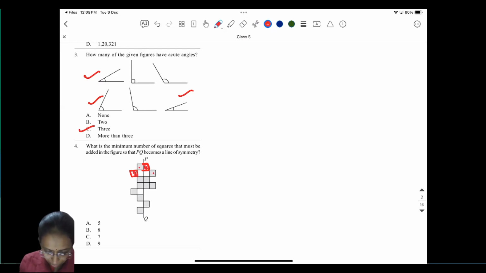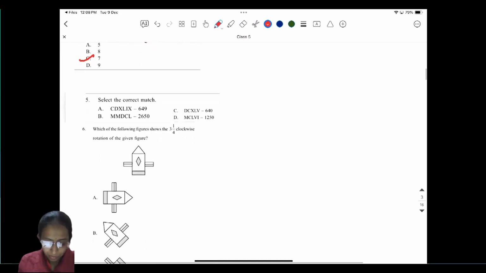So 2 squares we had added. Now, 1 more will be added over here, and then 1 will be added over here, and 1 is here, 1 more is here, and this much. So how many we had added? 1, 2, 3, 4, 5, 6, 7. C is the correct answer.